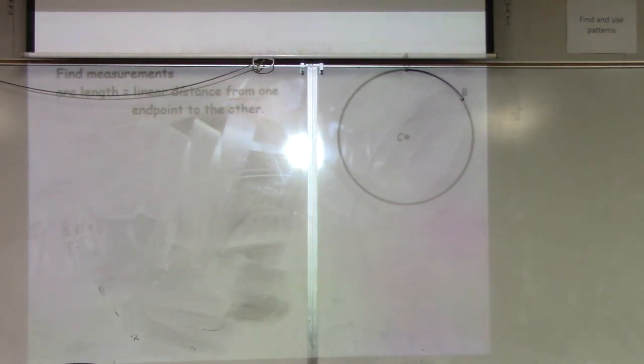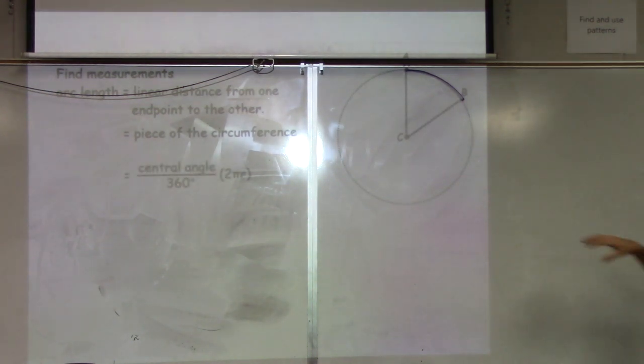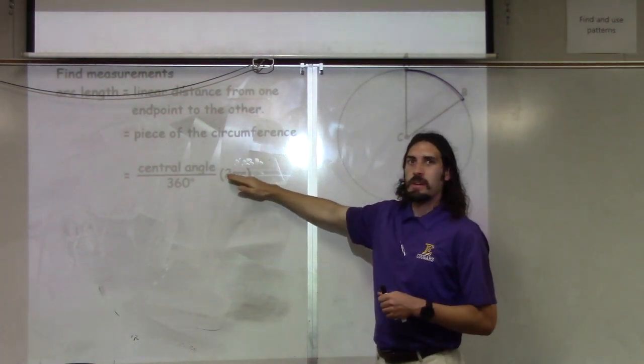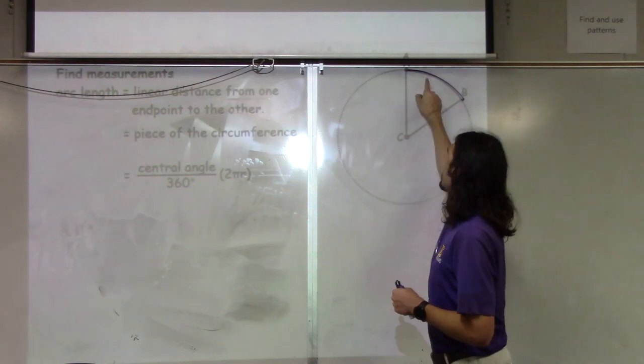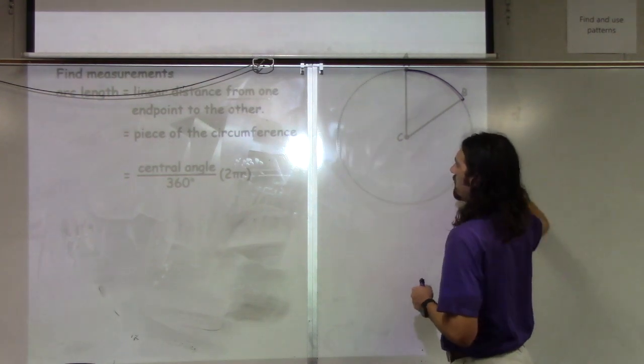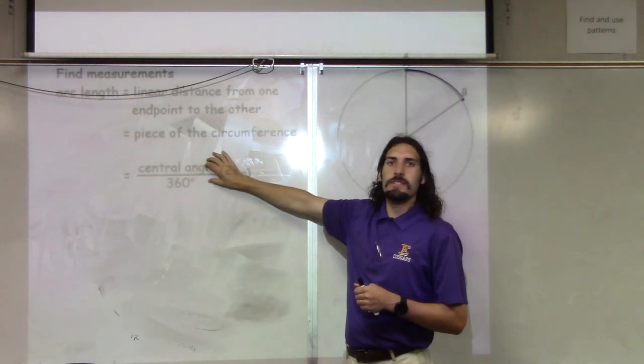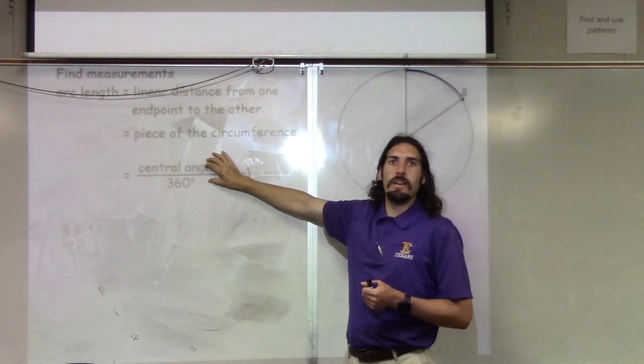And so in order to find it, it is a piece of the circumference, and so we end up using the following. 2 pi r. Well, that's just the circumference. I know the distance it takes to travel all the way around my circle. What's this first part say? This first part's just saying, what fraction of the circle do you want?